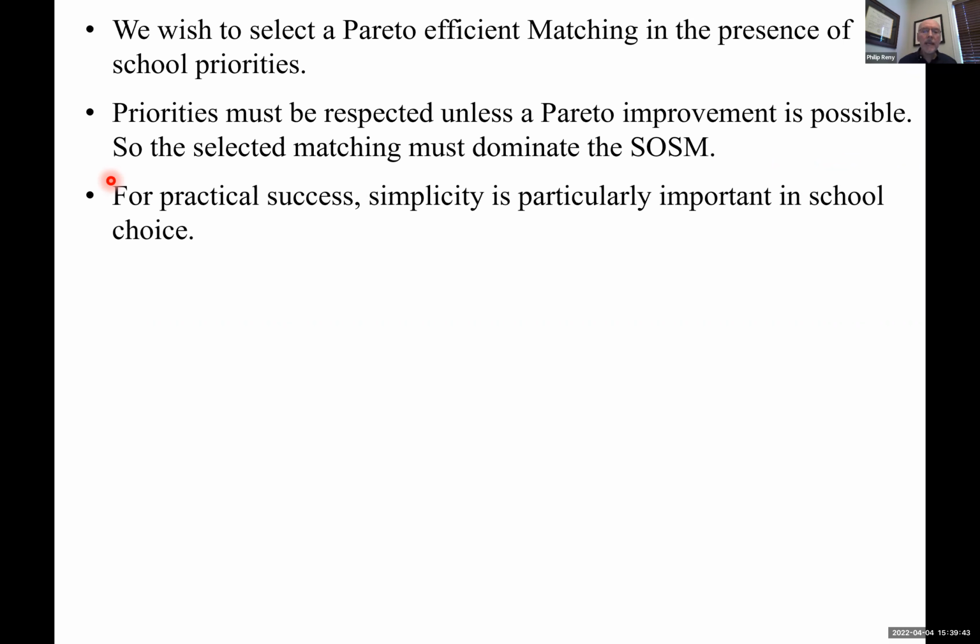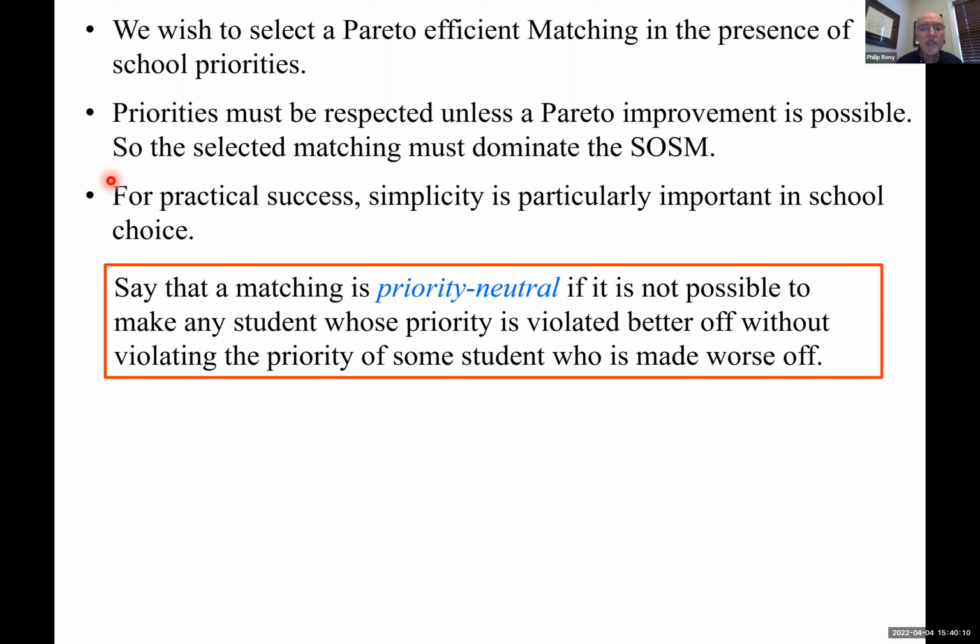As I said, simplicity is going to be important in school choice as a practical matter, because one has to be able to explain, in those important cases where the Pareto efficient matching is not stable, why some student's priority is going to be violated, and why she can't be placed at the school where she has higher priority. So we get to a definition finally.